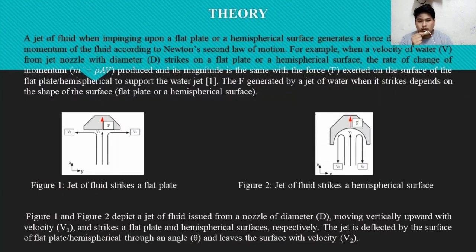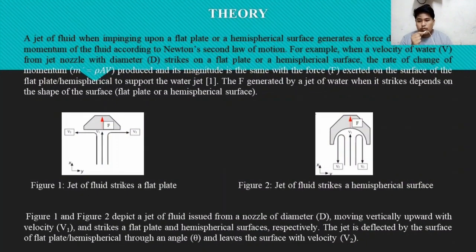The force generated by a jet of water when it strikes depends on the shape of the surface, which is a flat plate or hemispherical surface. Figure 1 is a jet of fluid striking a flat plate. Figure 2 is a jet of fluid striking a hemispherical surface.